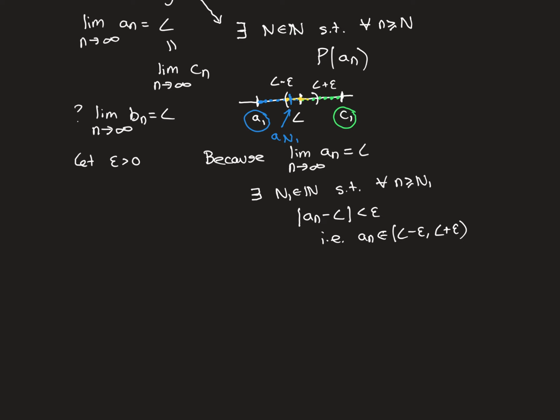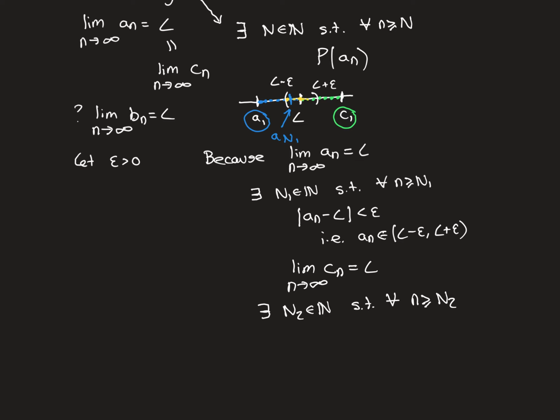Now similarly, we're going to apply, in white, the fact that the limit as n approaches infinity of Cn is equal to L, and say that there must exist a big N2, an element of the natural numbers, and in general big N2 might not be the same as big N1, such that for all little n greater than or equal to big N2, again the distance between the terms of the sequence and the limit L is going to be less than epsilon.